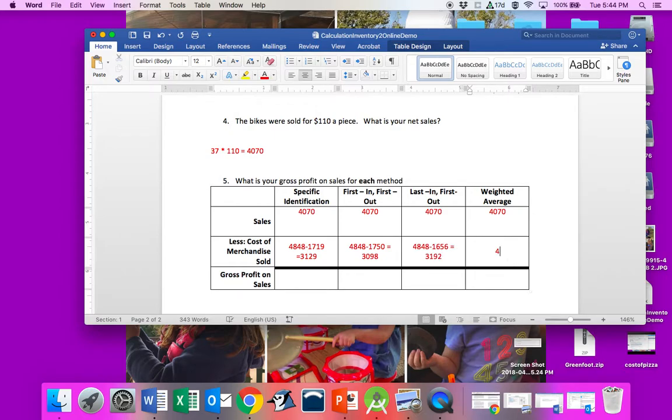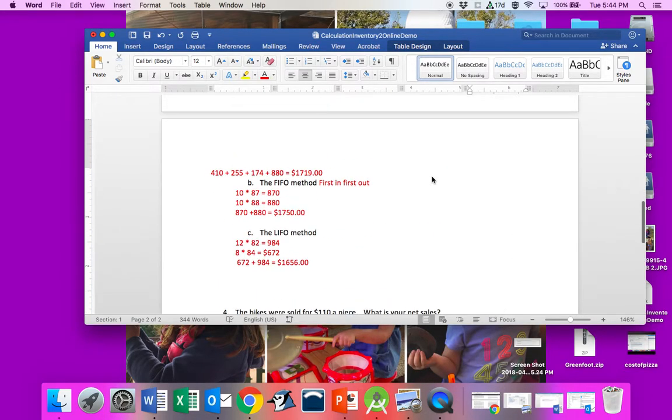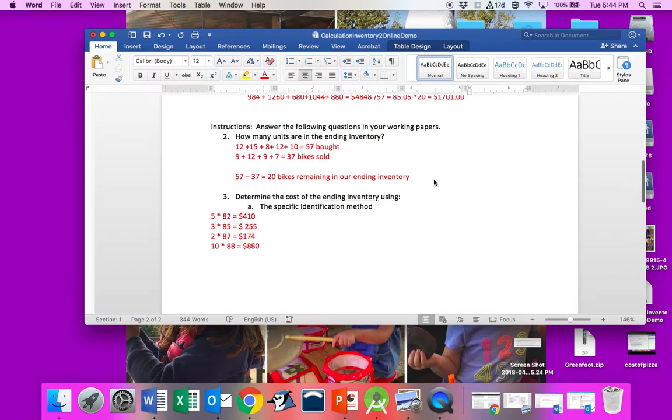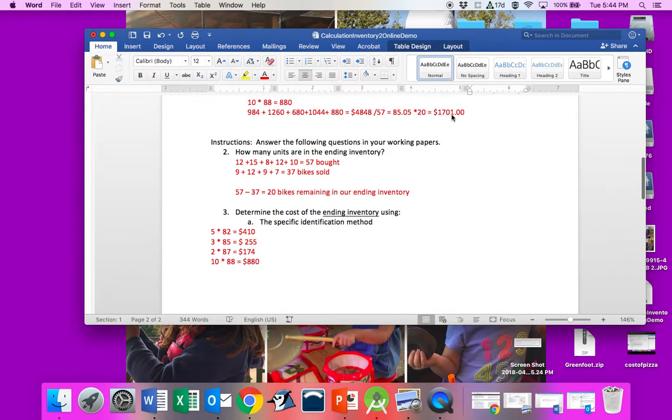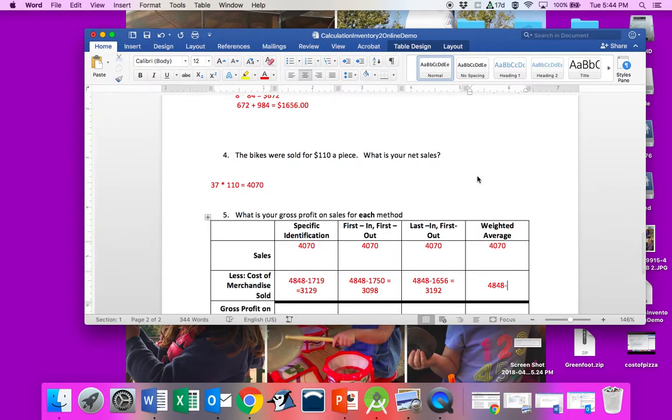For weighted average, we're going to do 4848 minus 1701, and that's going to give us 3147.